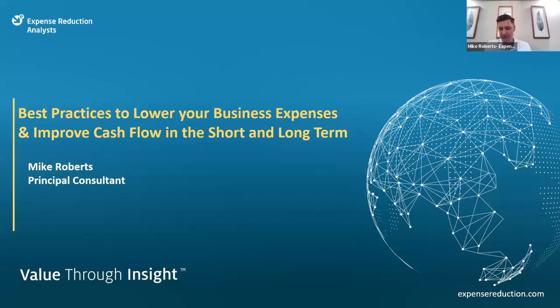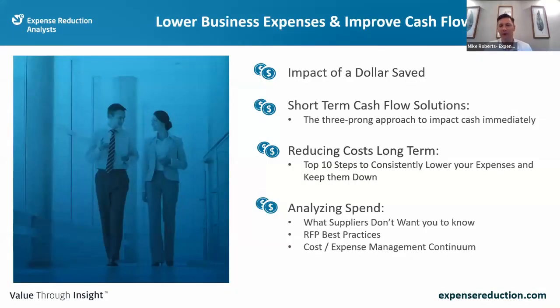We're going to touch on a few different items in regards to uncovering hidden cash flow. The first would be the impact of a dollar saved and why that's important. Secondly would be short-term cash flow, a few different methods that we've used over our 30 plus years in business, centered around a three-prong approach. Next, we'll go into long-term costs and how to reduce those.